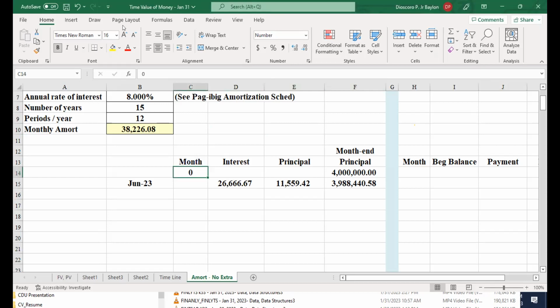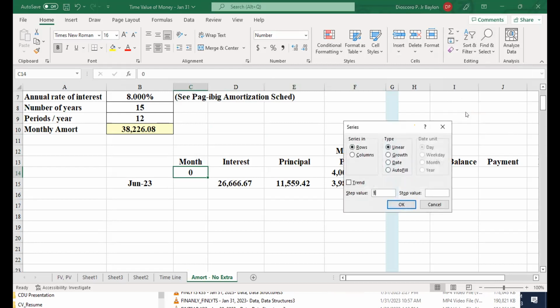Then here in Home, then Editing, you see this? You have this Fill, and then Series. Then Series in Columns, going down.